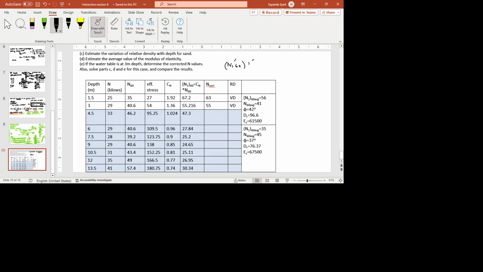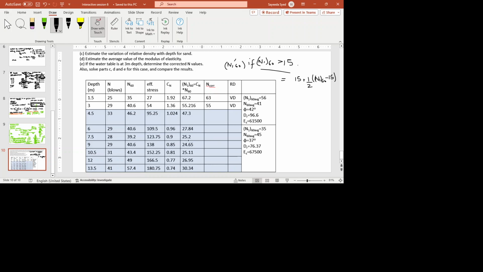If N160 is greater than 15, then N1-60 equals 15 plus 1 by 2 (N160 minus 15).